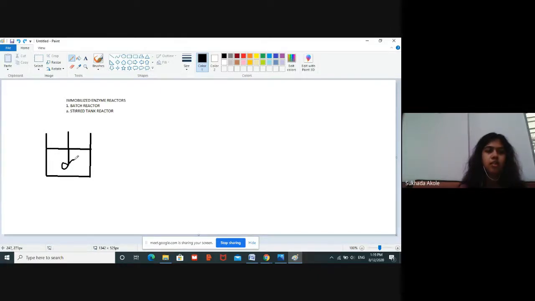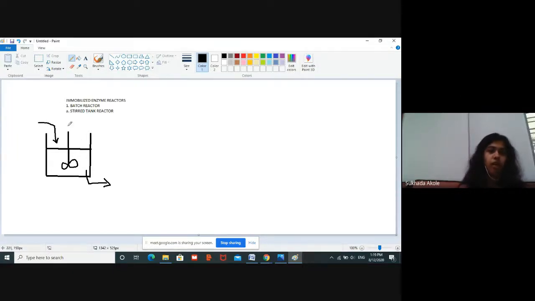This is my stirrer. So what do I do? I add my immobilized enzyme from here, let the entire system mix properly, react properly, and then take out my product from here via filtration.